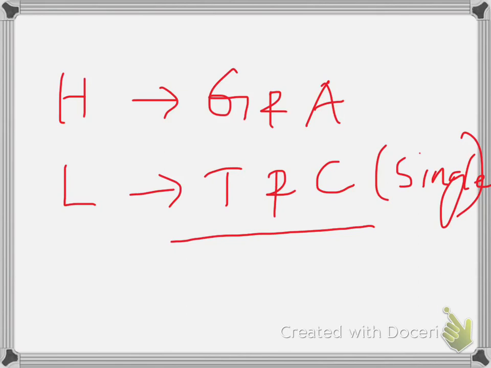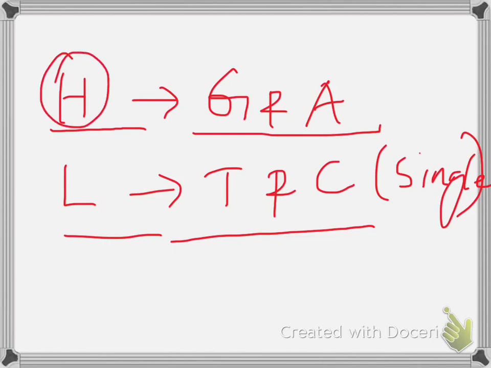When comparing these two strands, the heavy strand contains guanine and adenine, which are double ringed structures, and the light strand contains thymine and cytosine, which are single ringed structures.